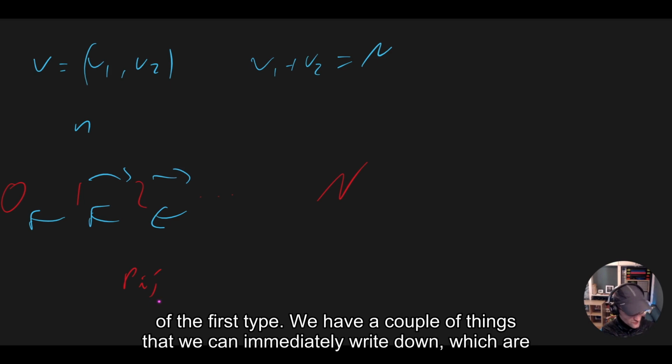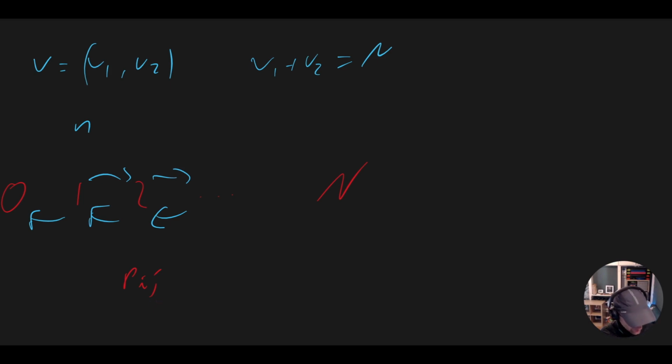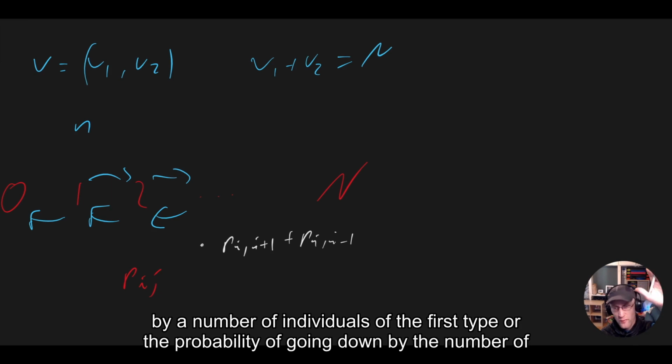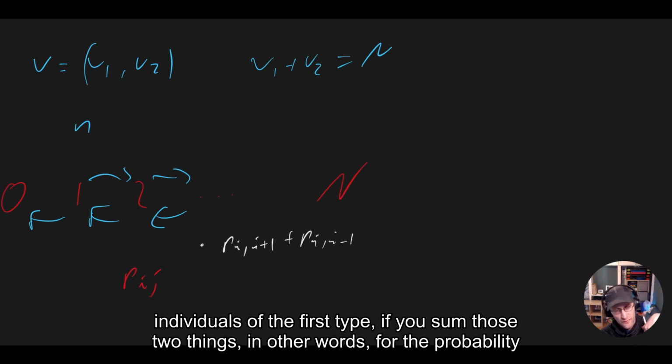We have a couple of things that we can immediately write down, which are that Pi to i plus 1 plus Pi to i minus 1, in other words, the probability of going up by a number of individuals of the first type or the probability of going down by the number of individuals of the first type.